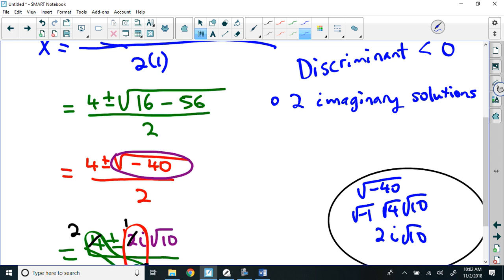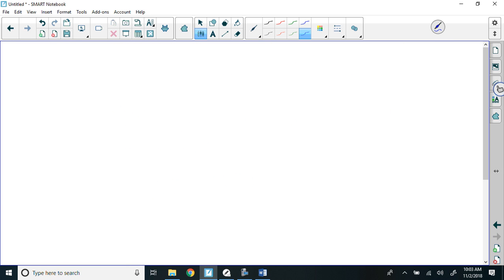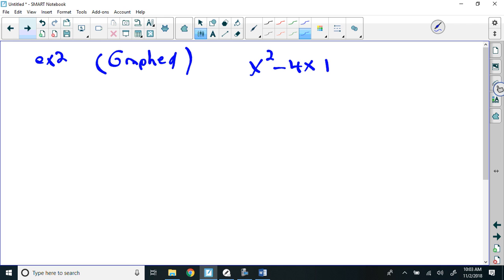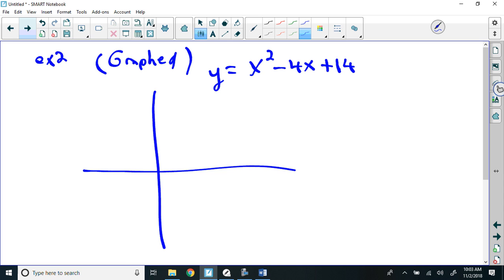From a graphing perspective, example 2 again, graphed. We had x squared minus 4x, I guess it'd be plus 14 equals 0. Actually, it would be y equals. If we graph this thing, its vertex is going to be (2, 10), right?